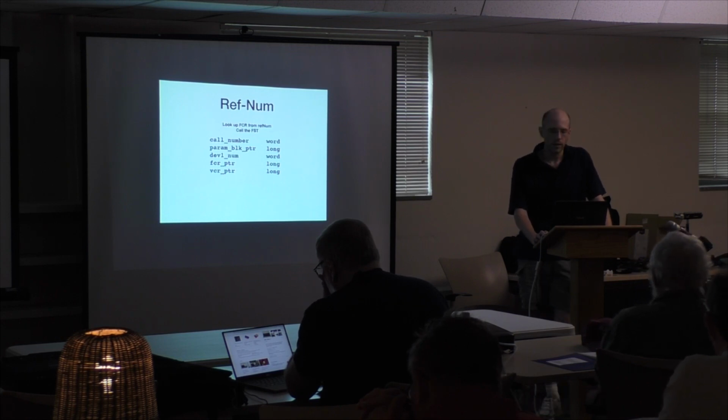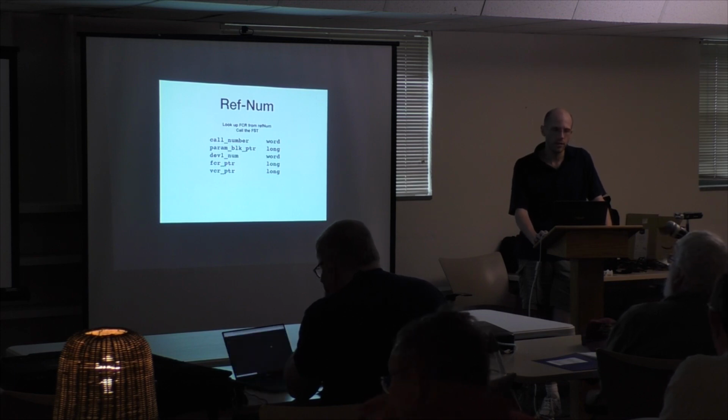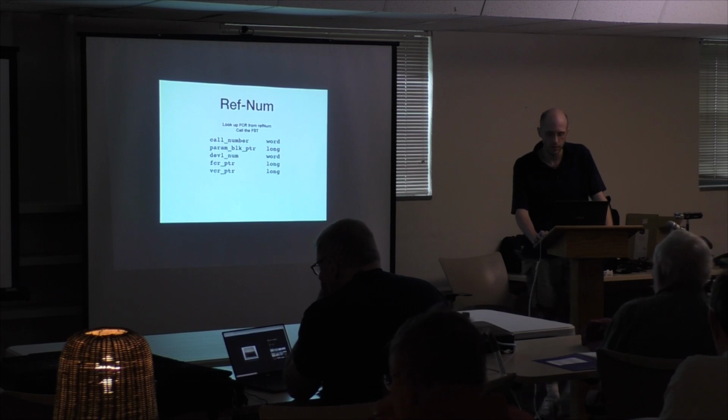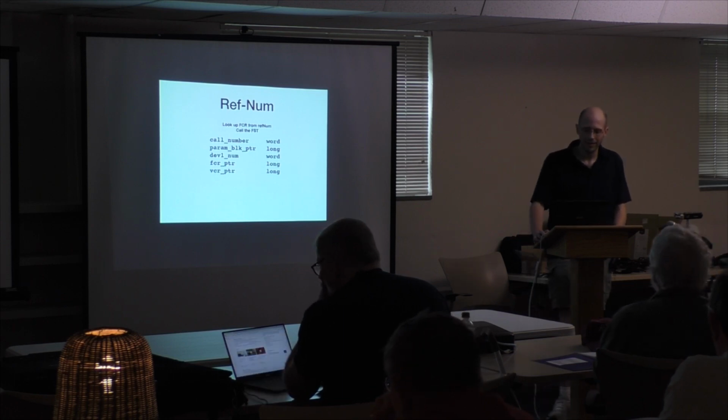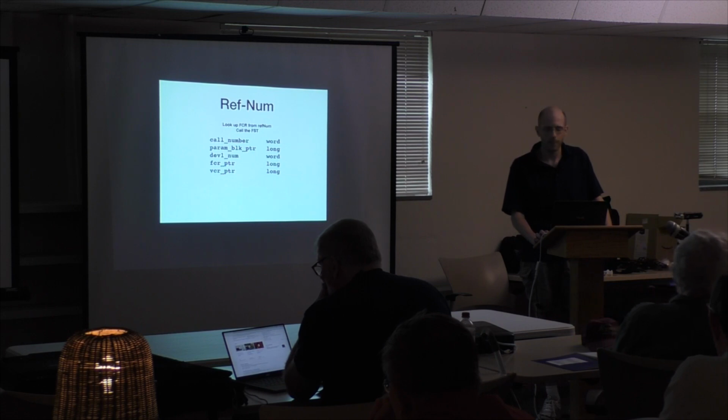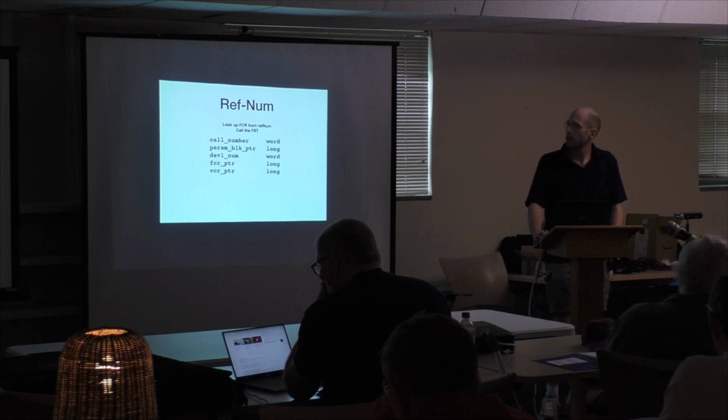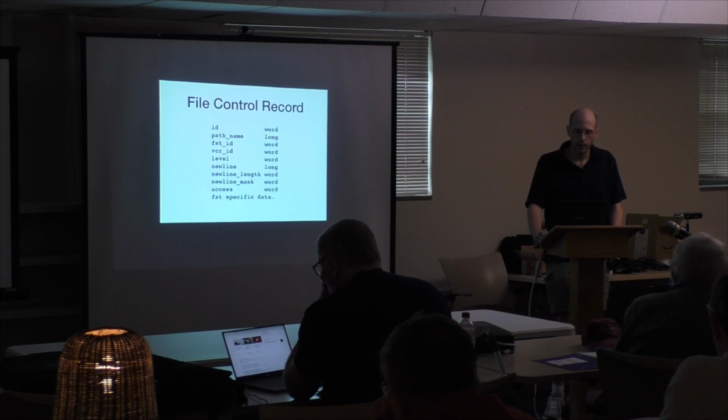And it provides the call number, the parameter block, and the device number where the file was last seen. It could change, mind you, if you have two disks and swap them. It populates the file control record and the volume control record pointer.